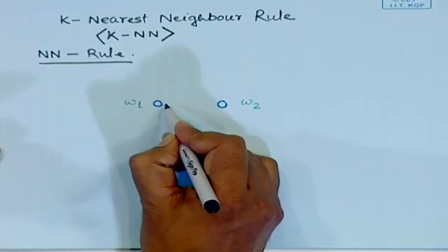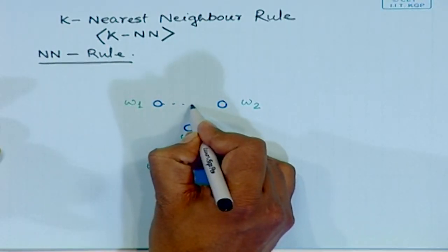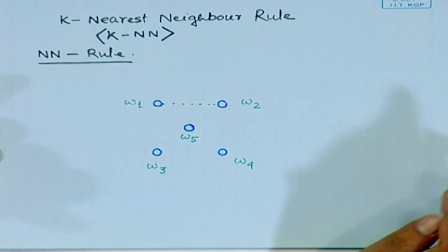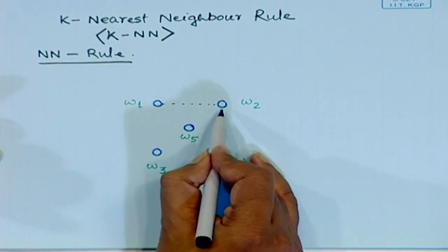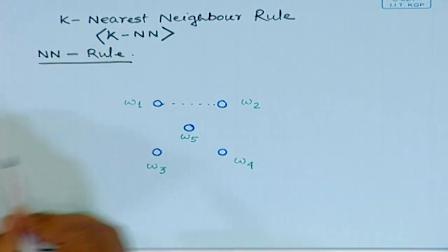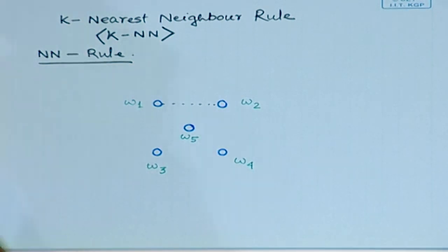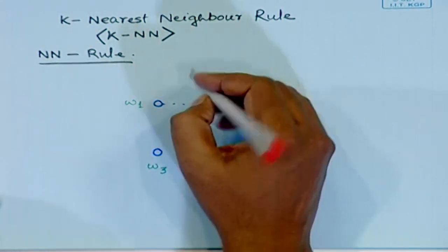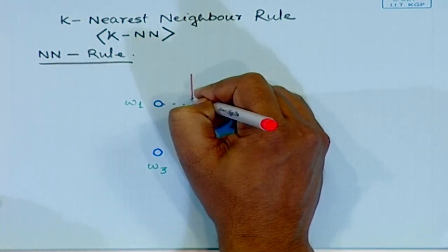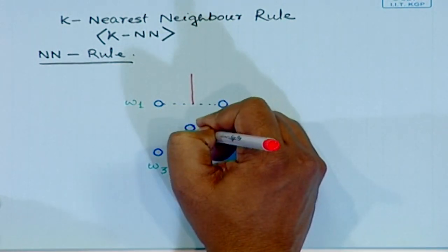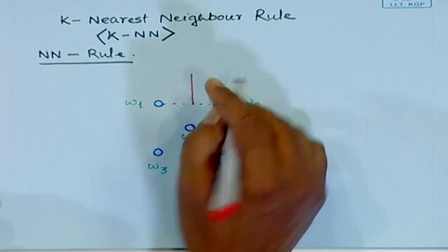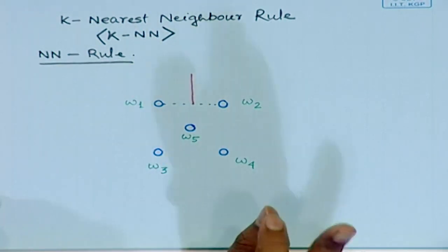So, following that, the decision boundary between class omega 1 and omega 2 will be an orthogonal bisector of the line joining these two samples. So, the decision boundary that I have is simply this, and it will be extended on this side, and it will be extended on this side.